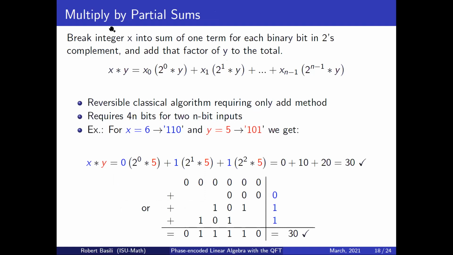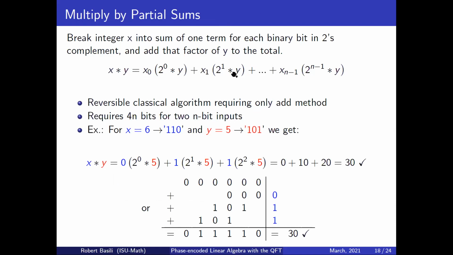Okay, so multiply by partial sums is how we're going to approach quantum multiply, which is actually just a classical approach. In essence, you break your integer x into a sum of one term for each binary bit in 2's complement, and you add that factor of y to the total. So x0 here is like the first binary bit, x1 is the second binary bit, and so on and so forth.